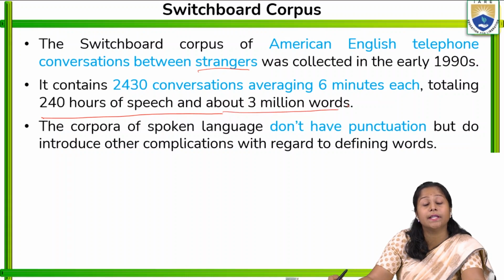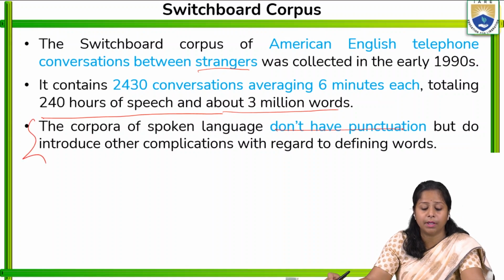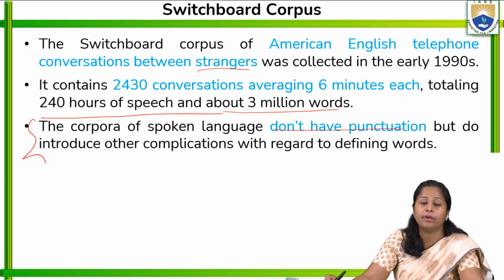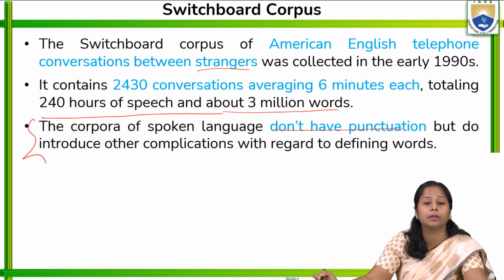These are the speech files, the audio files, having 240 hours duration, and 3 million words have been spoken there. The corpora of spoken word don't have punctuation, but do introduce other complications with regard to defining words. Why? Because if somebody is talking to someone, if there is some pause or boundary, in text we can understand it by the punctuation.